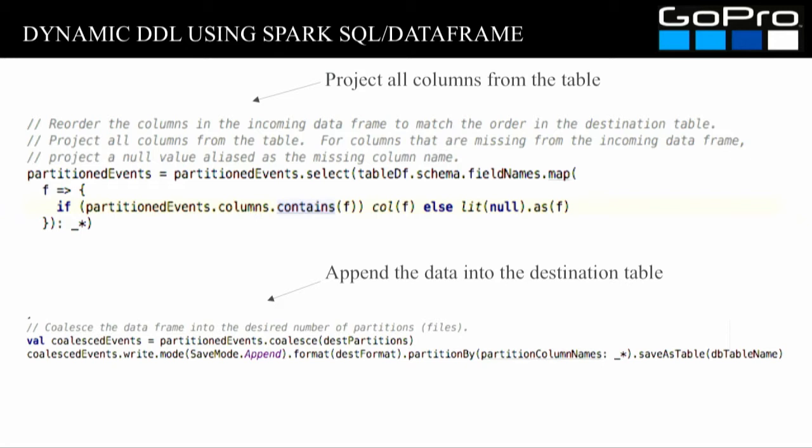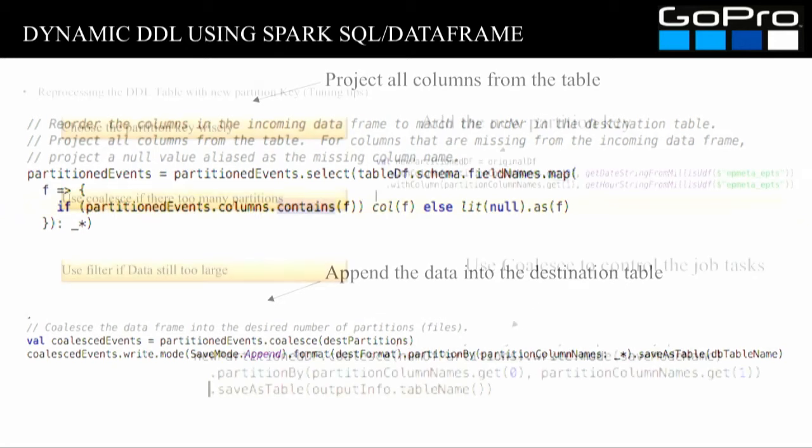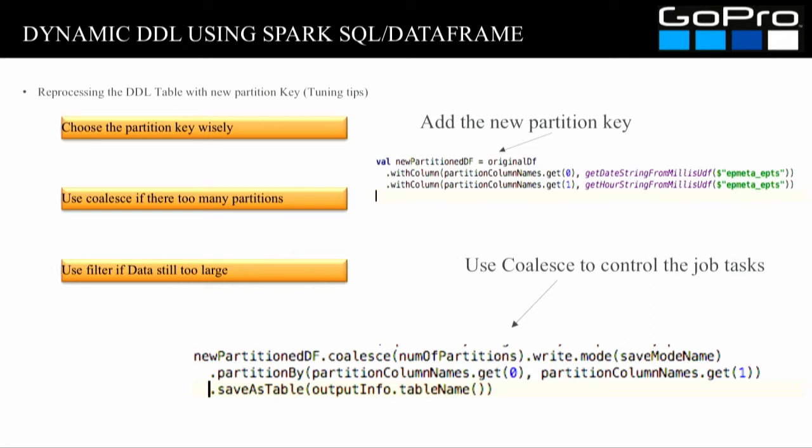So basically, we have to repartition our data based on the new process date and the new process hour. But the data has already been processed for several months. How are you going to repartition that without shutting down the existing pipeline? You can. So there are some tuning tips here.